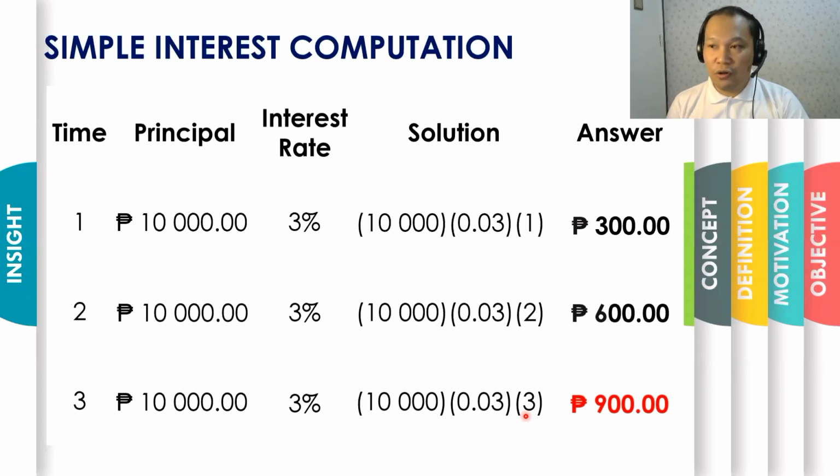But you can also illustrate the simple interest earned per year. How much is the earning for the interest earned by Peter each year? And that will be 300 pesos each. Hence, the total earned interest of Peter after 3 years will be 900 pesos.